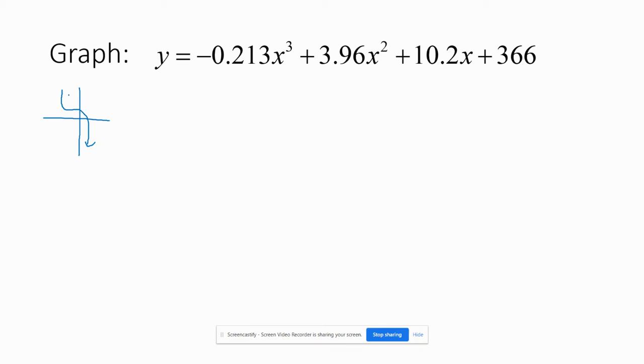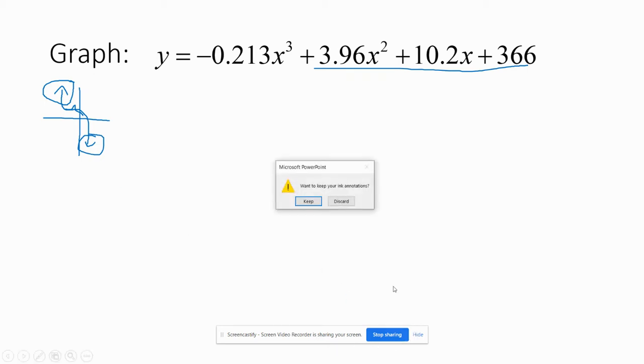Now, once again, we don't know what all of this stuff here does to my graph. It could have all sorts of maybe some other loop-de-loos in here that I don't know about. But all I'm really looking at here is my end behavior. I know that it should rise when I'm approaching negative infinity on my x's, and it should go down when I'm approaching positive infinity. So let's go back and take a look at our graph again.